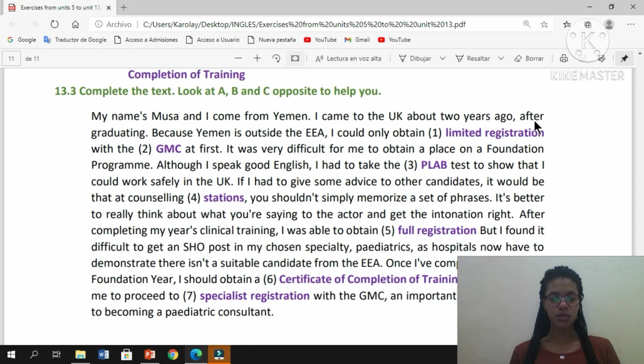My name is Musa and I come from Yemen. I came to the UK about a year ago, in August, after graduating. Because Yemen is outside the EEA, I could only get limited registration with the GMC at first. It was very difficult for me, too, to get offered a place on a foundation program.